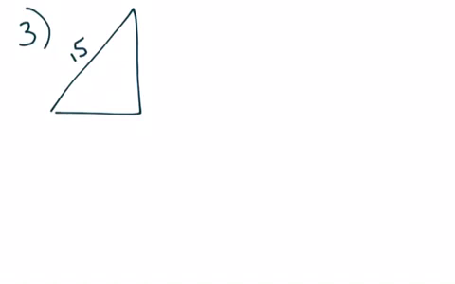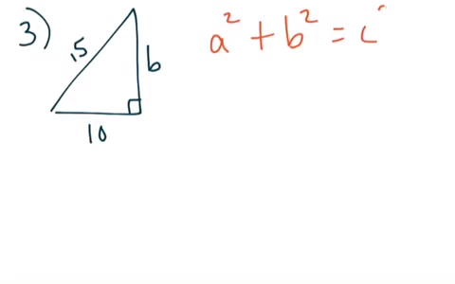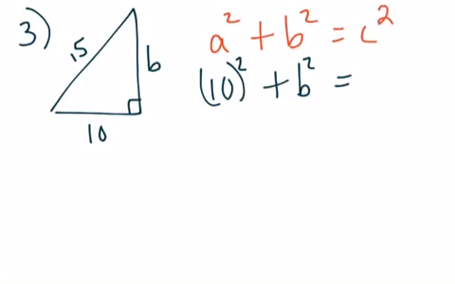Problem number 3, with the way they have drawn the picture, they're telling you that this is leg B. Normally, it doesn't matter which one's A or B, but in this case, they designated which one was B. So we have to follow their designation. So the Pythagorean theorem is a squared plus b squared equals c squared. So we have 10 squared plus b squared equals 15 squared.